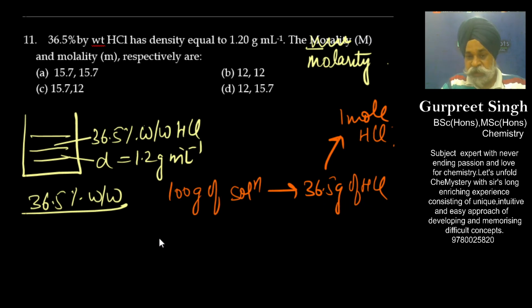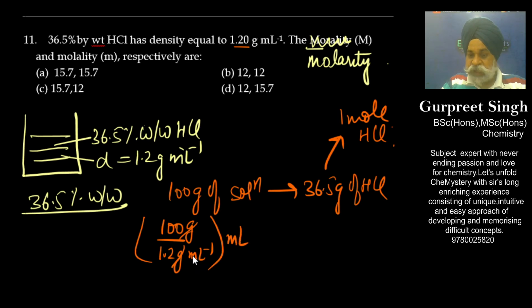Density is also given to you, so here I may say 100 gram divided by 1.2 gram per ml. So the gram goes out, and this would give you milliliters. So 100 gram of this solution would have this much volume, which is containing 1 mole of HCl.